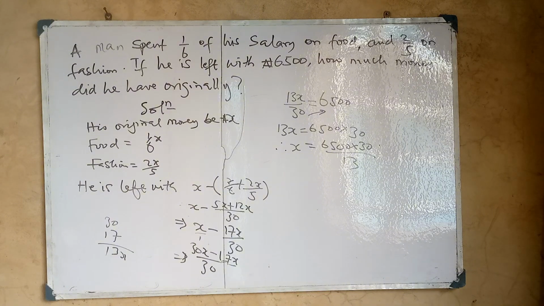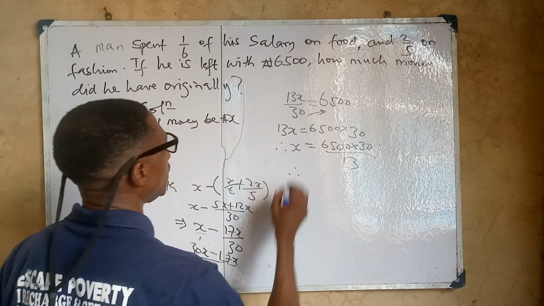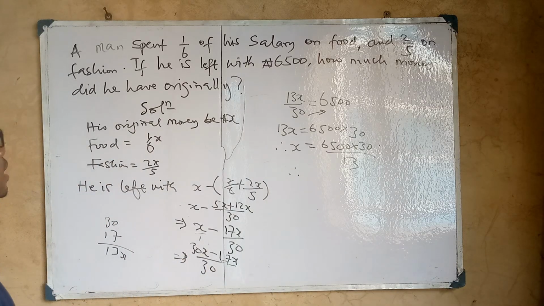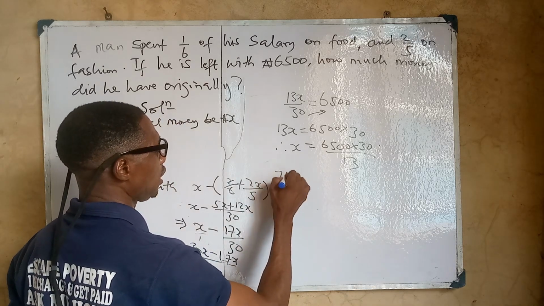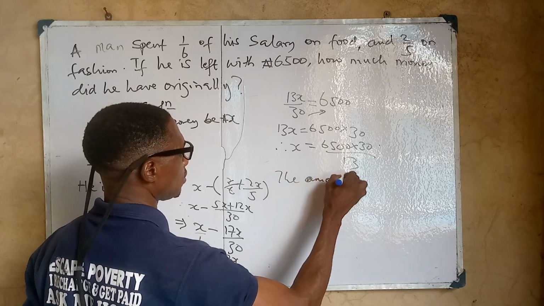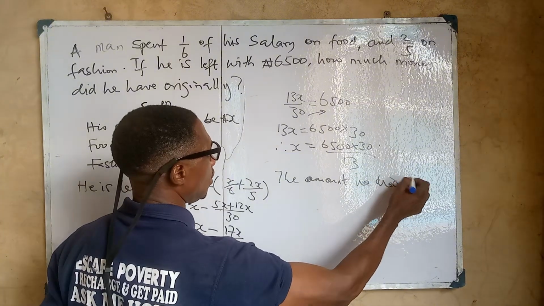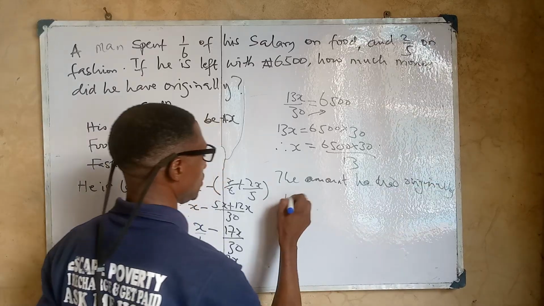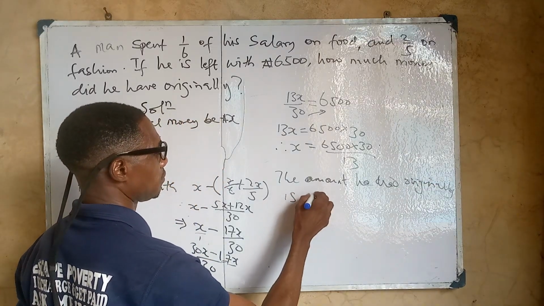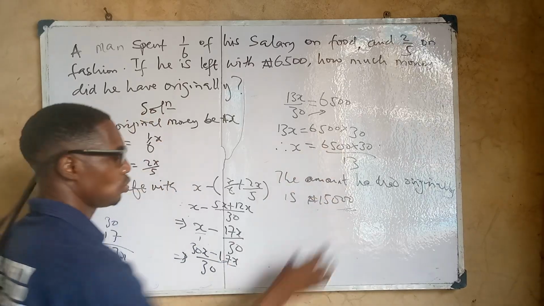So the amount he had originally is 15,000 naira.